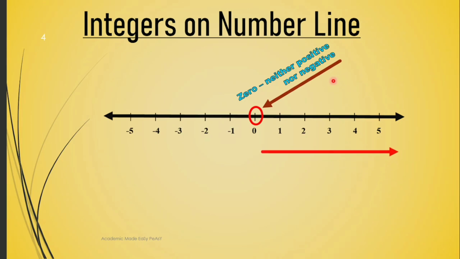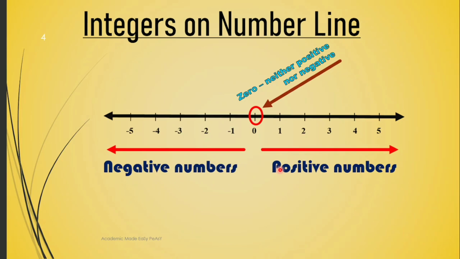Next. When we move towards our right, we are moving to positive numbers. If we move from the left hand side to the right hand side, the positive numbers keep on increasing. If we move to the left hand side, then it is negative numbers.